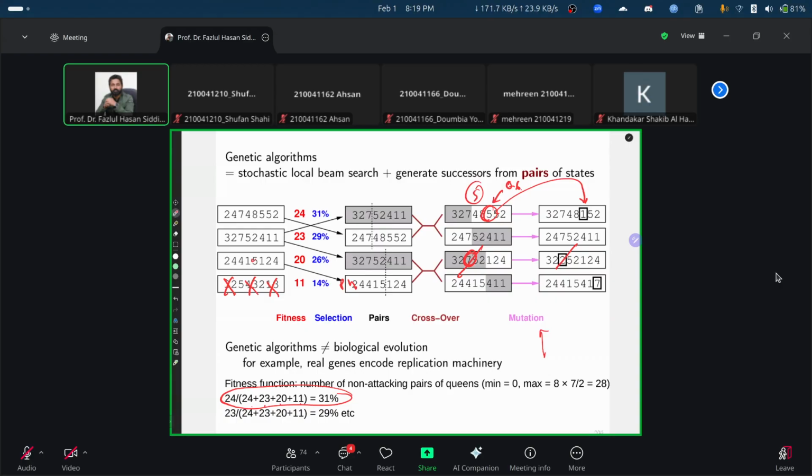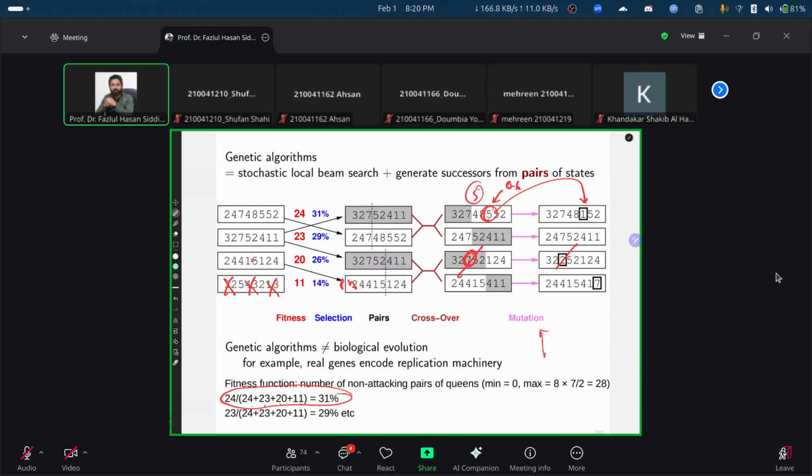And remember, it is not necessary to do the mutation only on the bad queens. Usually we tune the most culprit queen, or the culprit variable, or the most conflicted queen, whatever you say.